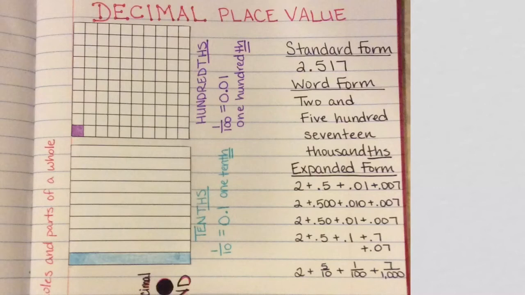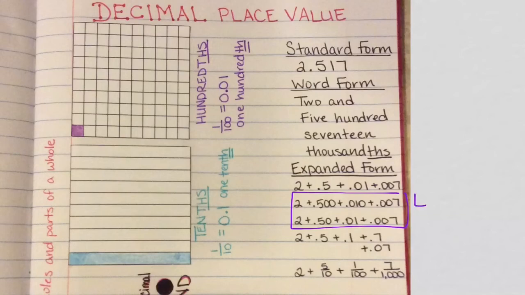Then we have expanded form. Okay, and that's just like before with regular place value where we would write out each number in its own place value spot as an addition sentence. So we have 2 plus 5/10 plus 1/100th plus 7 thousandths. And then these right here are actually equivalent.